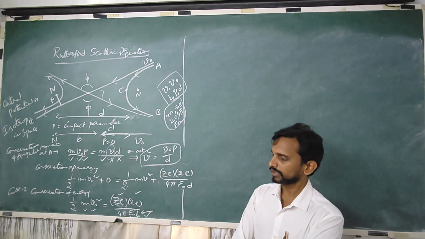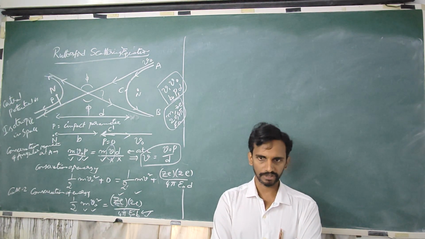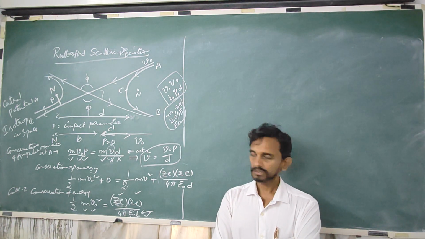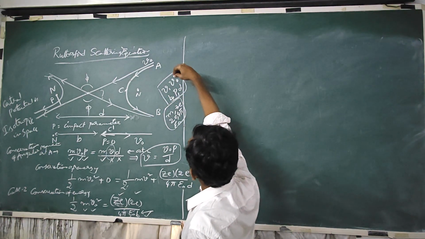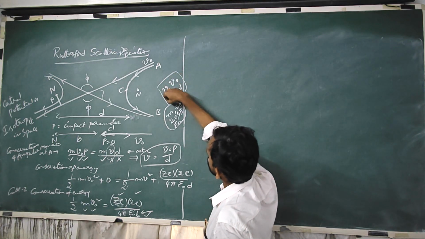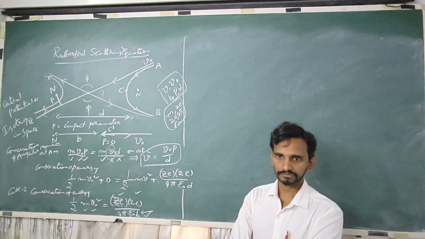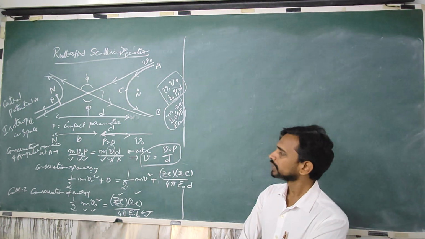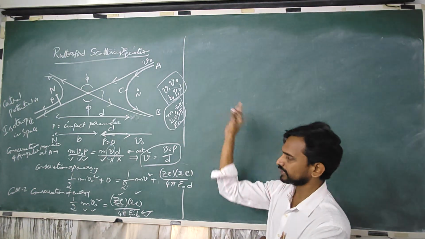So what can we do? At most we can eliminate 3 variables. So any 3 can be avoided, and the rest of the 2 become dependent. Okay. So I try to avoid these velocity terms v and v naught.